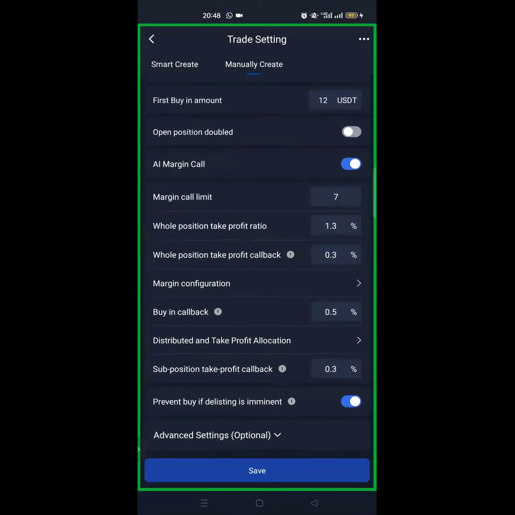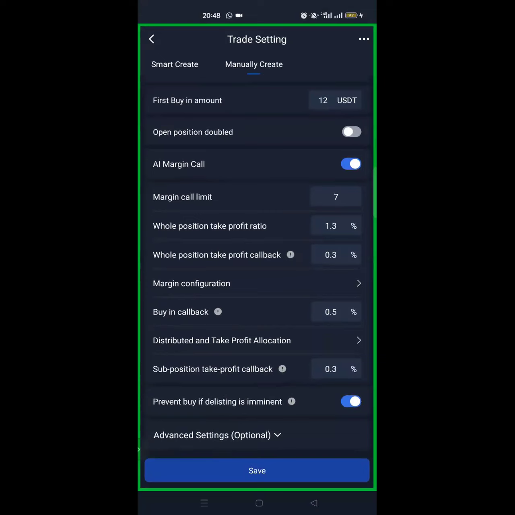What's first buy? This is the amount you want your robot to use to start the trade.